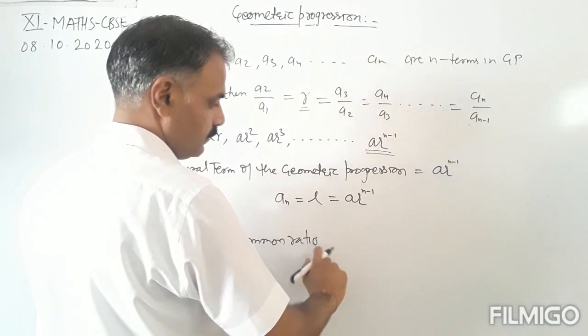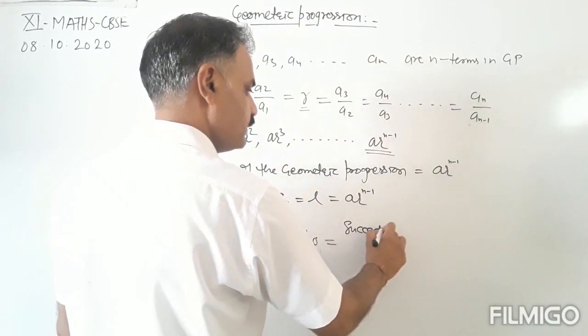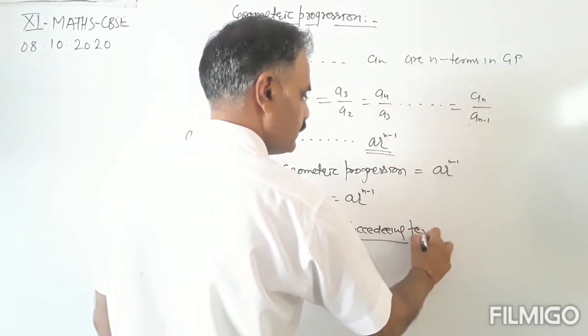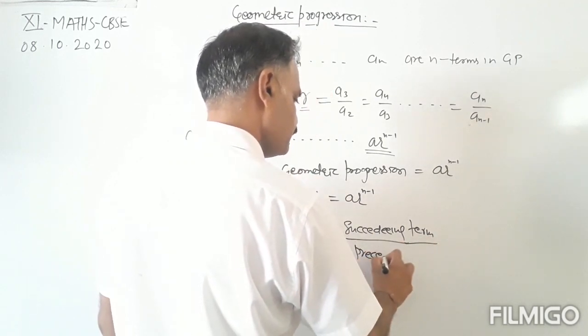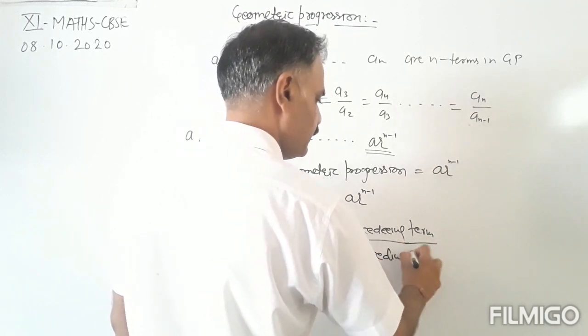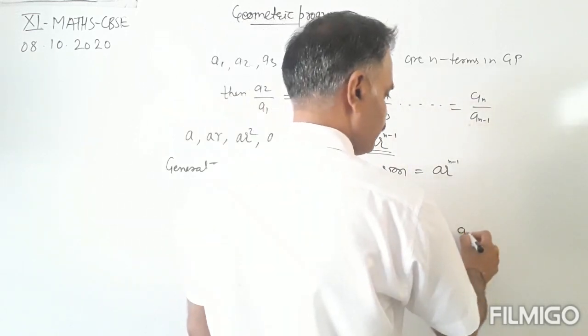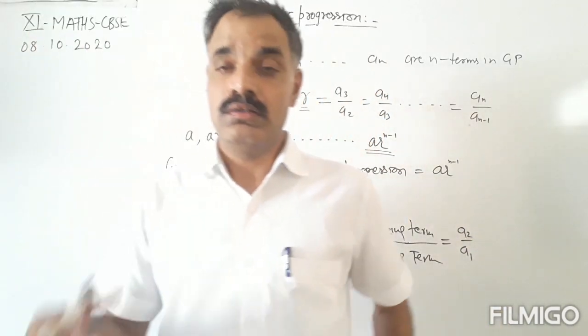So common ratio is equal to succeeding term divided by preceding term. Okay, so A2 upon A1, this is the common ratio.